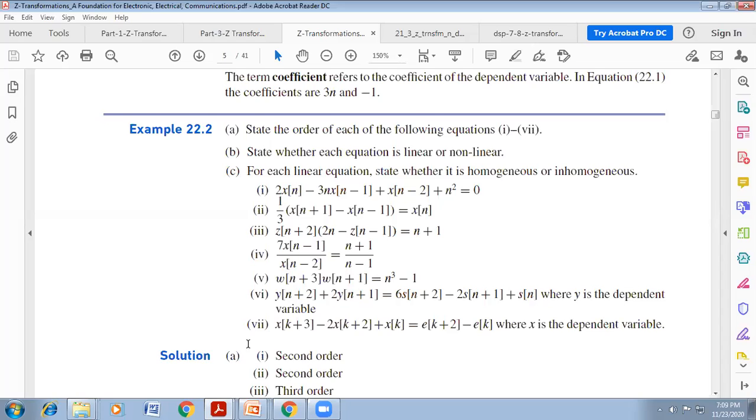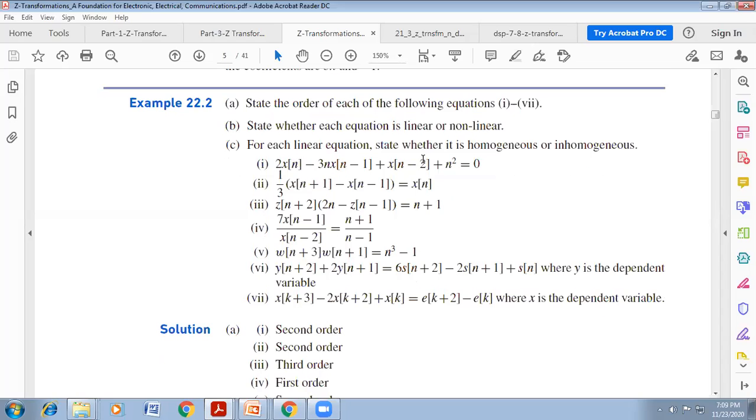In the first difference equation, what will be the order? Order will be the difference between the highest and lowest arguments, right? Yes, sir, 2. And in this also, second order, right? And in the third, highest is n plus 2, lowest is n minus 1.